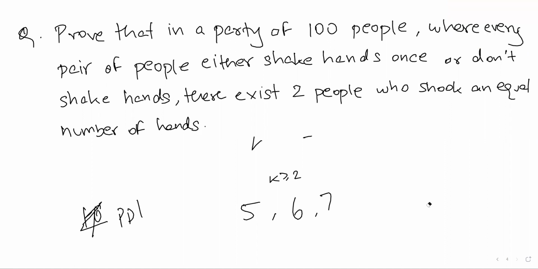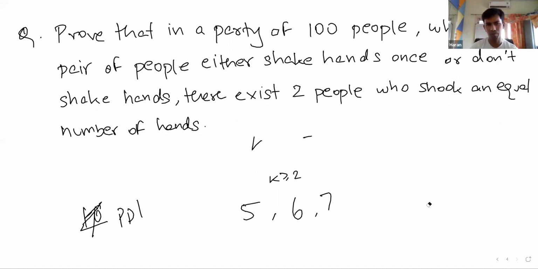So what are you saying? Yeah, so if two such people exist, the statement is true. But what if two such people don't exist? Then what do you do? Then you can always assure that two such people exist, right? Yeah, but you might not be able to find these two people who shook hands with 98, right?